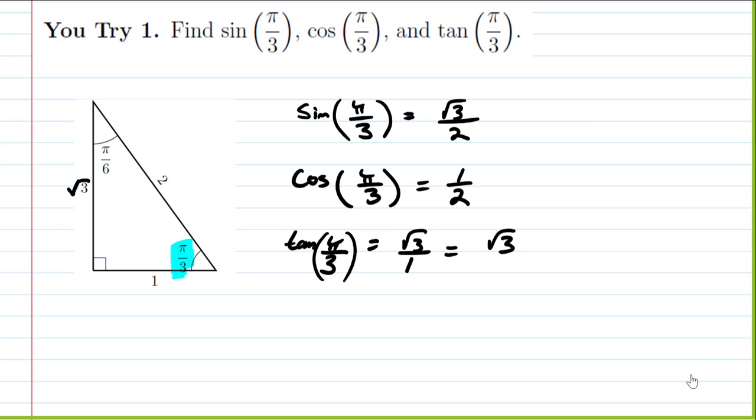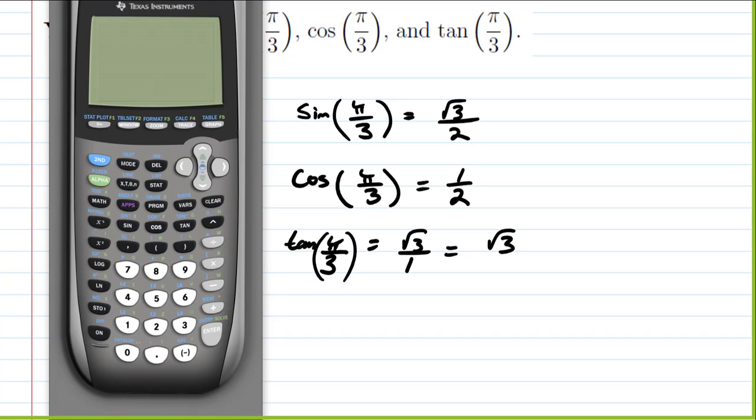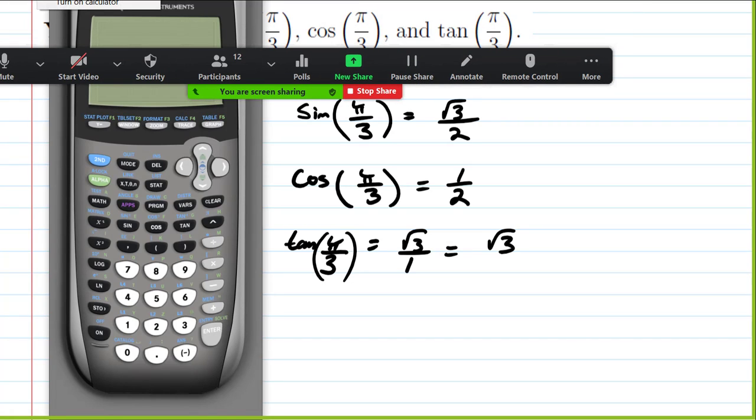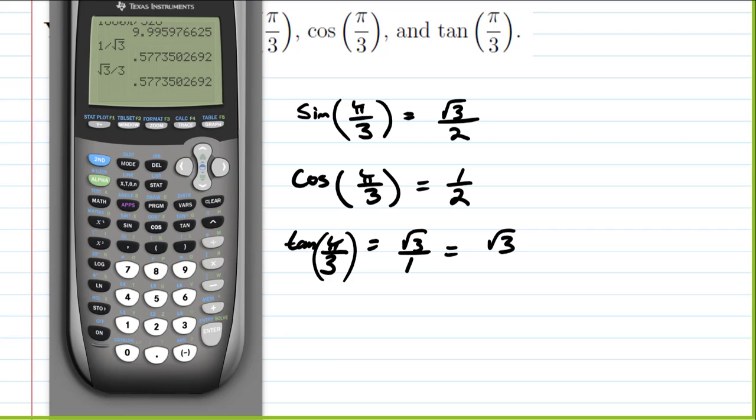So a couple of things we want to take note of with these in our calculator. So if we grab our calculator, we'll notice that the fourth row down from the top of our calculator, right in the middle, we have sine, we have cosine, and we have tangent. So let's go ahead and press the sine button.